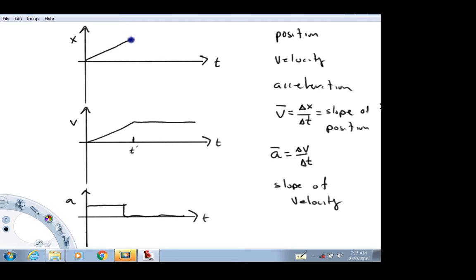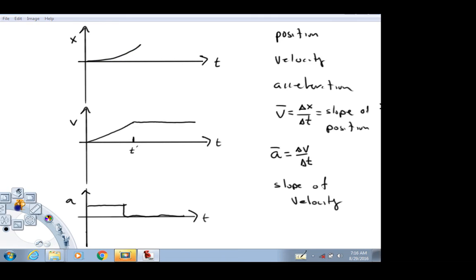However, this velocity is not constant. It's increasing, which means the slope of this graph has to be increasing. That means this graph has a property called concavity. And if the slope is increasing, it looks something like this.